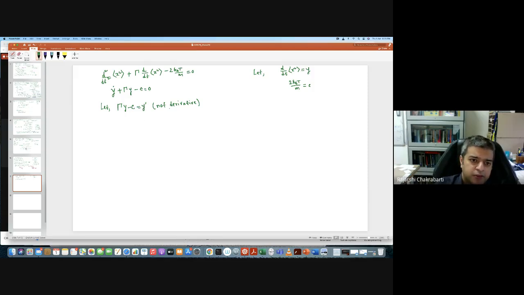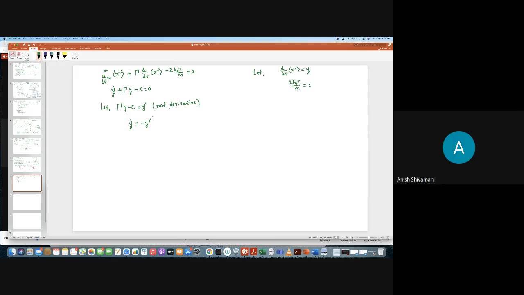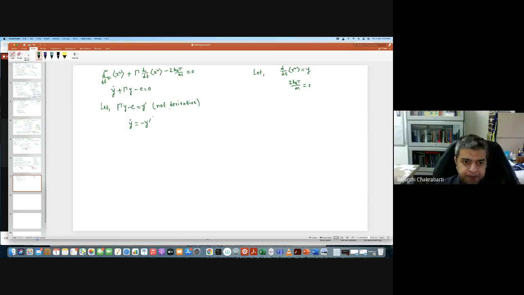Gamma y minus c is y prime. Then what do you have here? The equation is y dot equals minus y prime. This is just a notation. Is this fine? Yes, sir, this is fine.